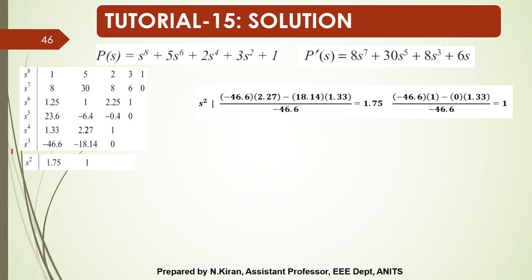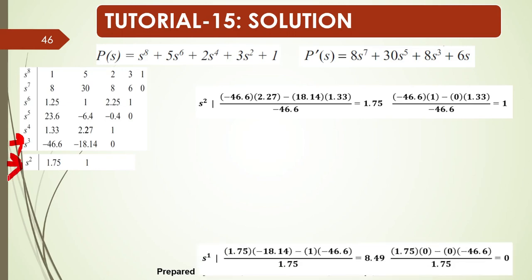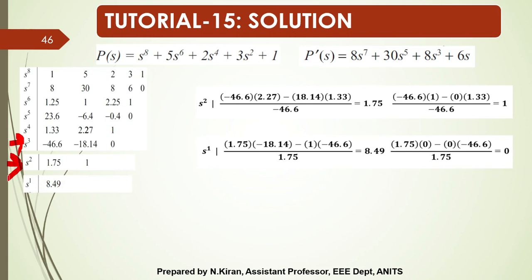Now considering S cube and S square elements and finding the elements corresponding to S power 1. The first element will be 1.75 into minus 18.14 minus 1 into minus 46.6 divided by 1.75, which will give me the first element, 8.49.